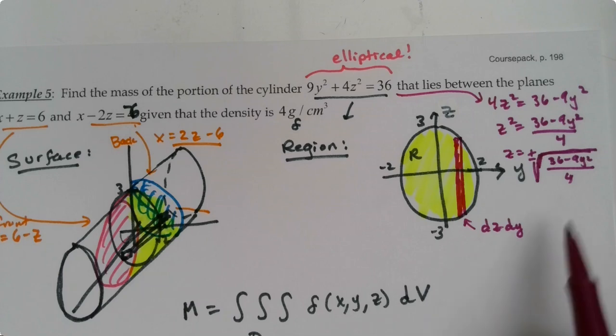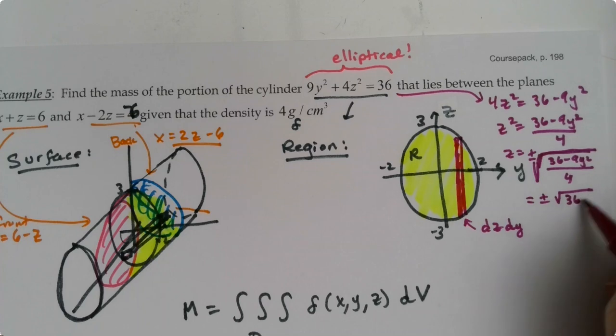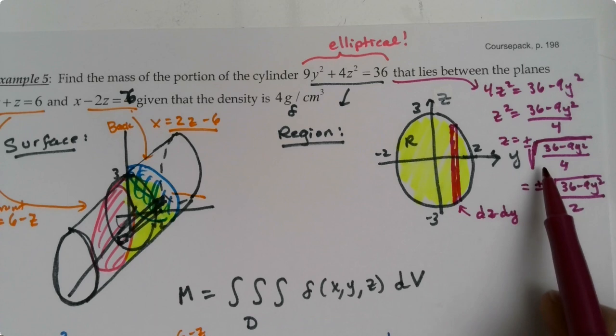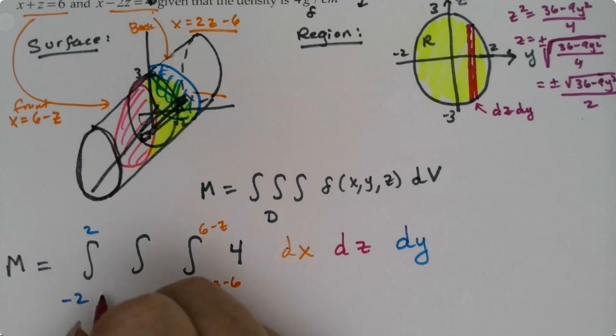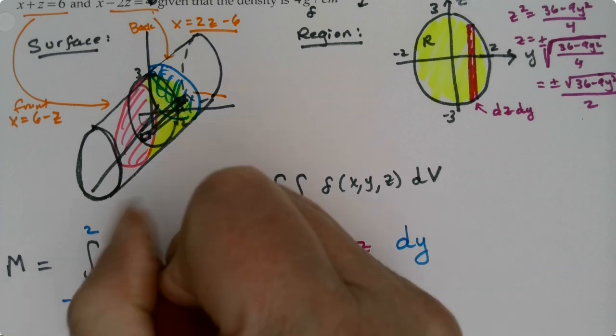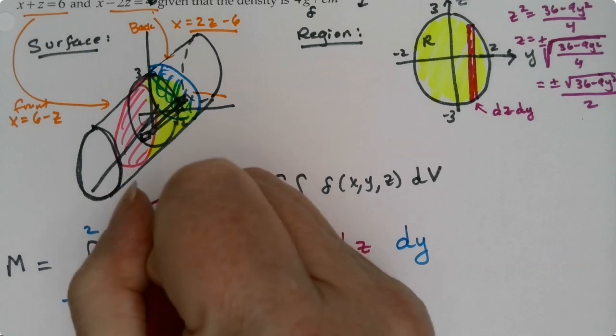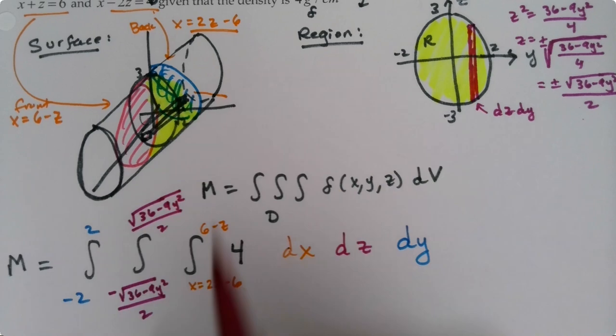Although I will say the square root of 4 is 2. So we could do that if we wanted. We could say plus or minus the square root of 36 minus 9y squared over 2, right? Because the square root of 4 is 2. All right, so that means we're going from the negative square root of 36 minus 9y squared over 2 to the positive square root of 36 minus 9y squared over 2. That's going to be fun.